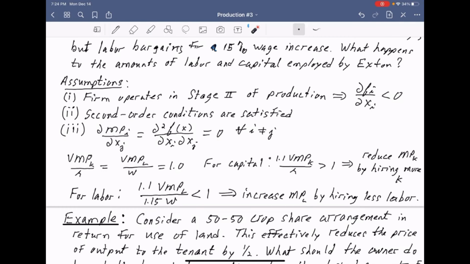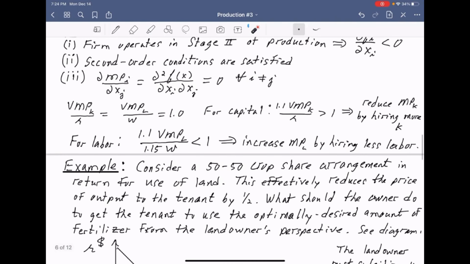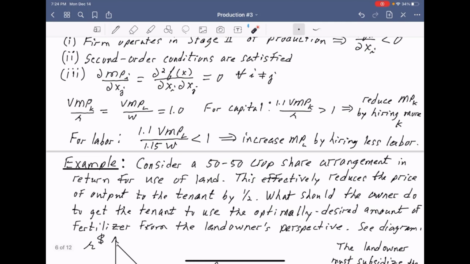So that's a key assumption, that if I change the amount of labor I use, it doesn't affect the marginal productivity of capital. So to begin with, we have this condition that the value of the marginal product of K divided by the input price of capital, which we denote R here as rental, is equal to the value of the marginal product of labor divided by the wage rate, and it's equal to 1.